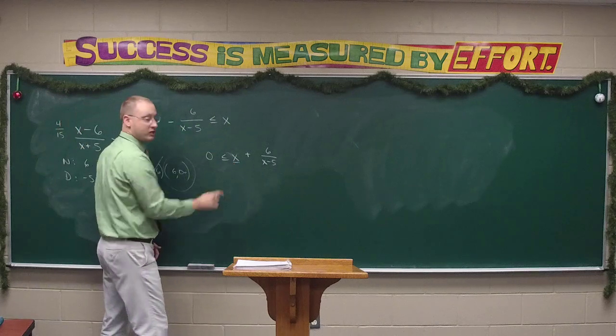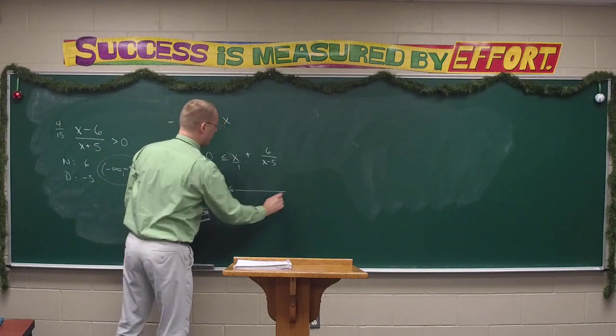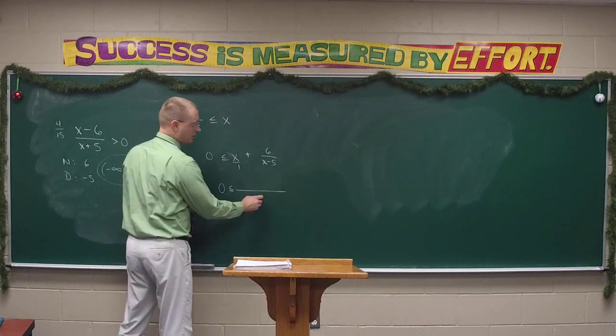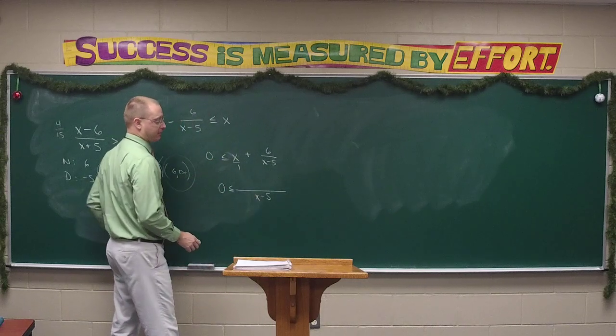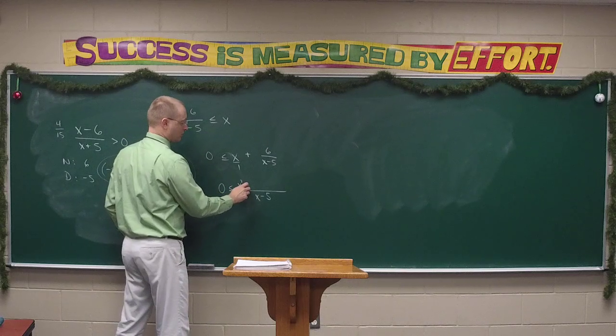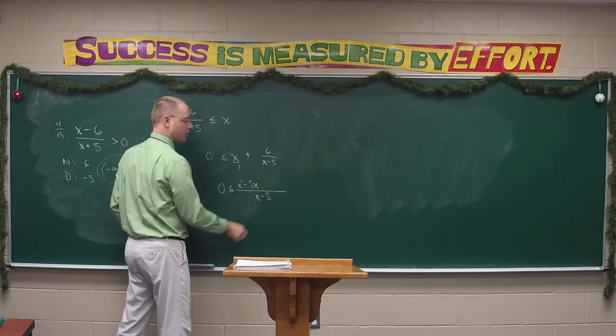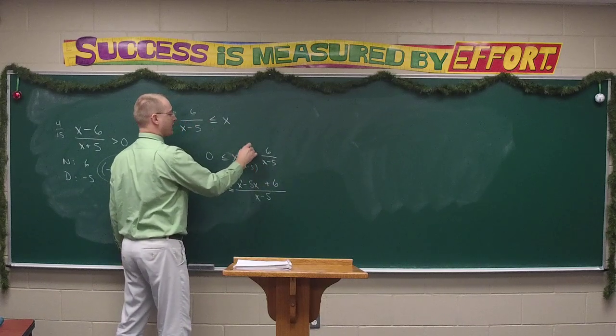I'm also going to put the x over 1 so that when I draw my big long line and put x minus 5 below it, I know what's going to be copied above the line. x squared minus 5x plus 6. There we go, because we're multiplying top and bottom by the x minus 5.